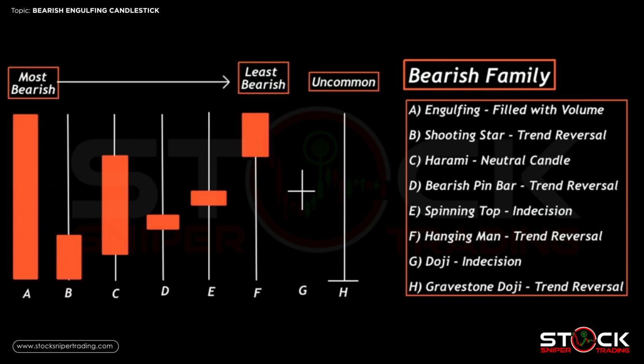C is a bearish harami, which is a neutral candle. D is our bearish pin bar, which is a trend reversal. E is a spinning top, which represents indecision. F is a hanging man, which is a trend reversal. G is a doji, which represents indecision. And finally, H is our gravestone doji, which is a trend reversal candlestick. Please refer to these candles throughout your studies.